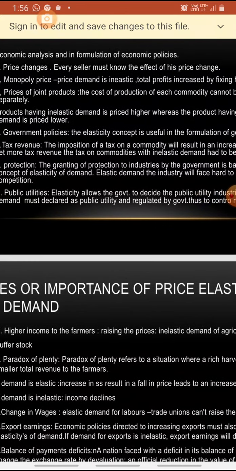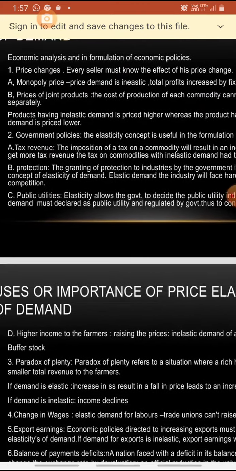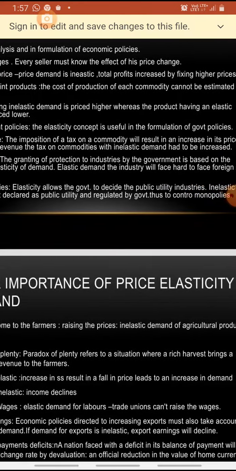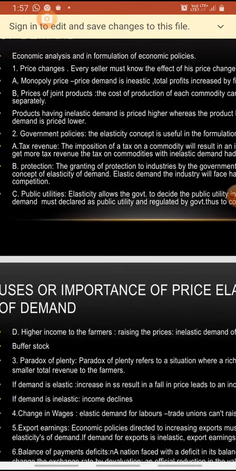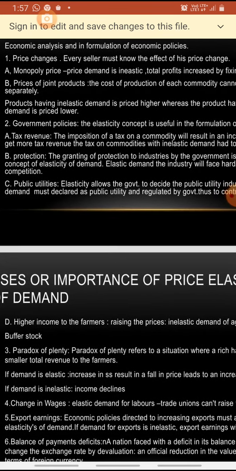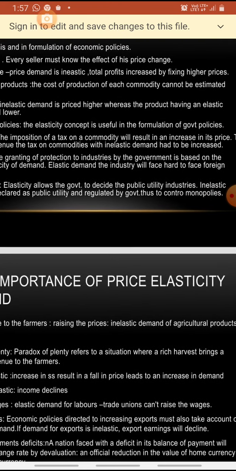Then protection. Government needs to give protection to smaller industries, based on the concept of elasticity of demand. With elastic demand, the industry will find it hard to face foreign competition. Then C, public utilities. Elasticity allows the government to decide on public utility industries.